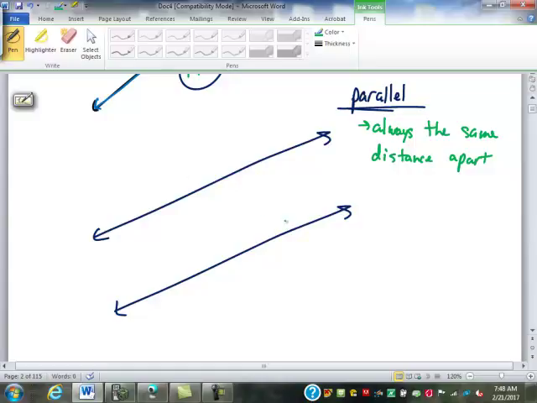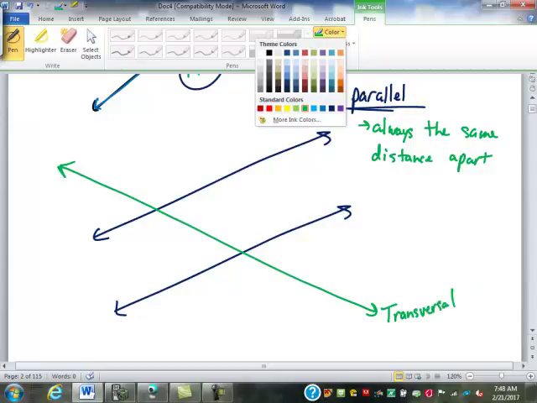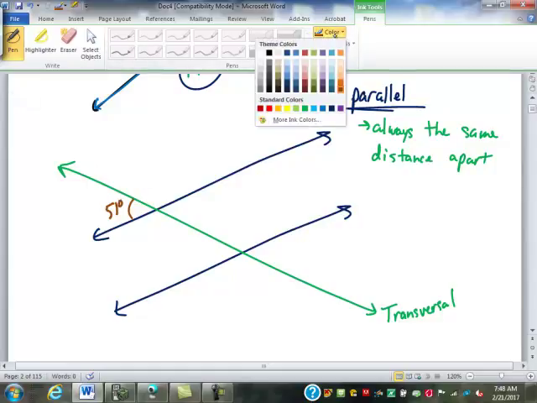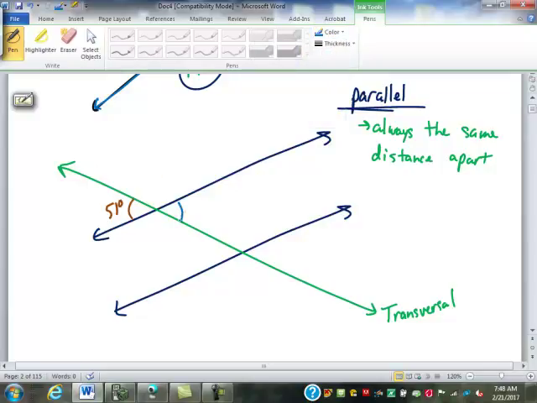So if we have parallel lines and we cut across them with a third line, that third line is what is called a transversal. If I tell you that this angle here is 51 degrees, well, I know a lot now about three other angles here. What do I know about this angle here?